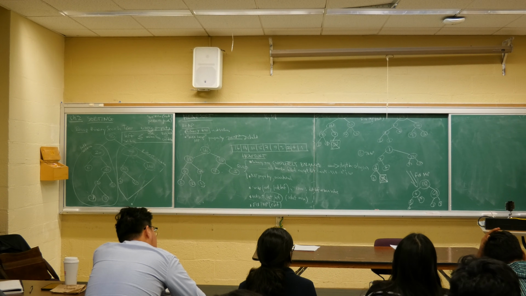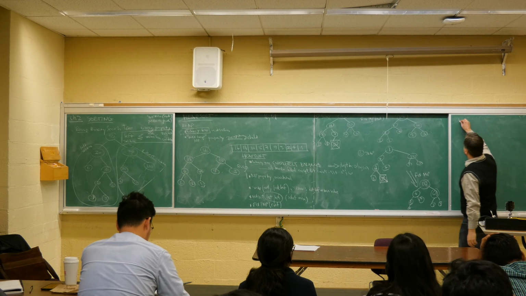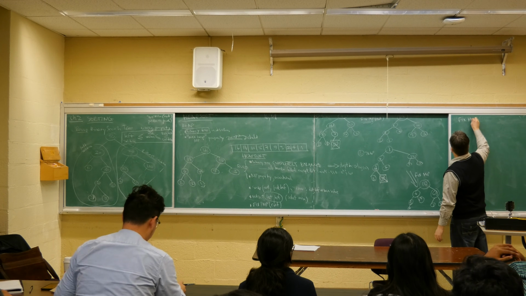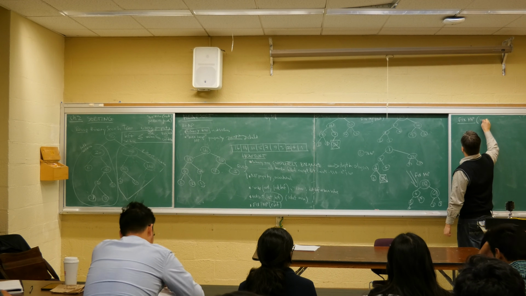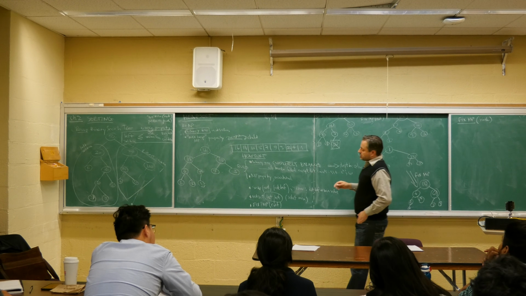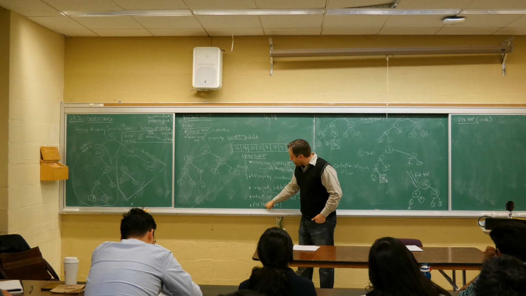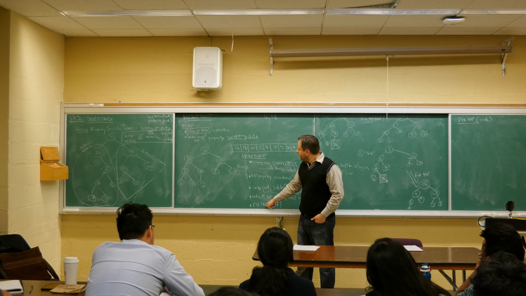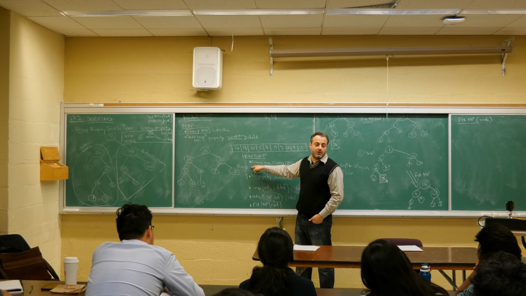The key procedure here is this fix MP for some node. So the fix MP, of course, is the procedure I need here. It's gonna be the one that's gonna also help me build the thing in the first place.